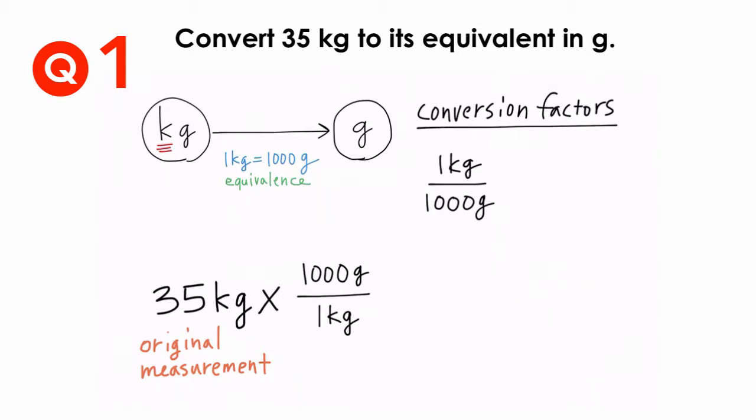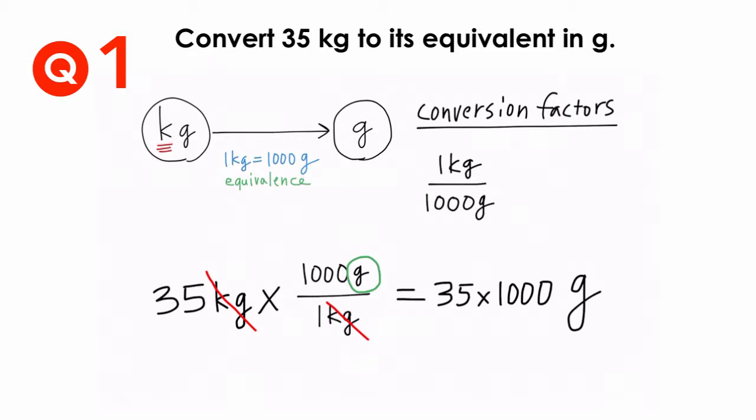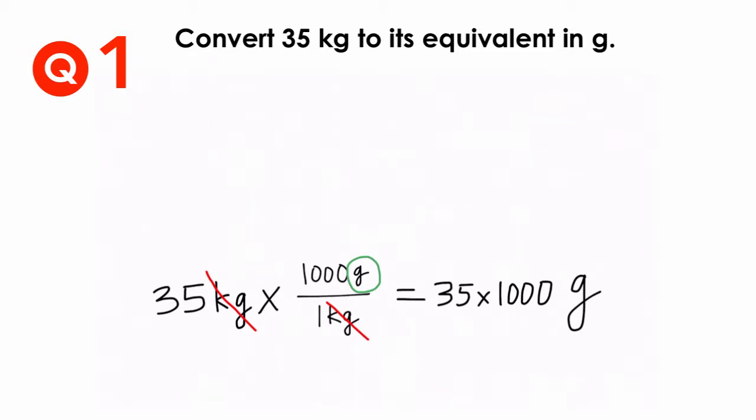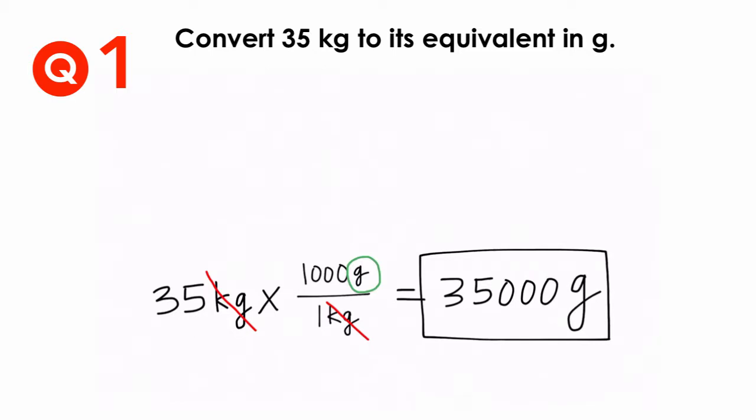That way, kilogram will be cancelled out, and gram is the unit that's left. Now, the rest is punching in these numbers in the calculator, but I don't think you even have to use a calculator for this problem. Yeah? 35 times 1,000. The final answer is 35,000 grams.